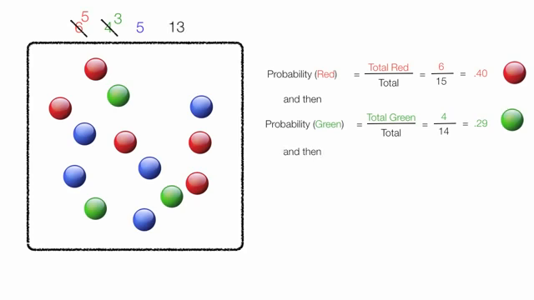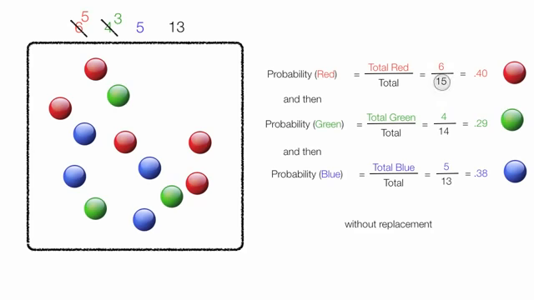And then I calculate the probability of picking a blue marble. And this is equal to the total blue out of the new total. And this is equal to 5 out of 13, which is equal to 0.38. And that's the probability of picking a blue marble.